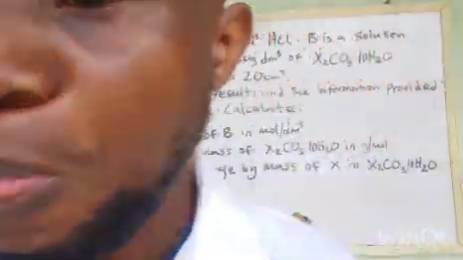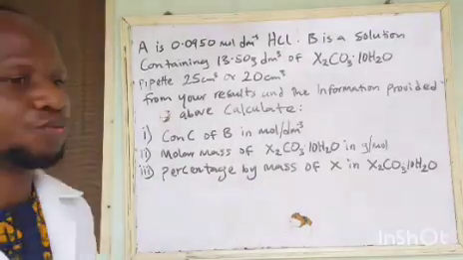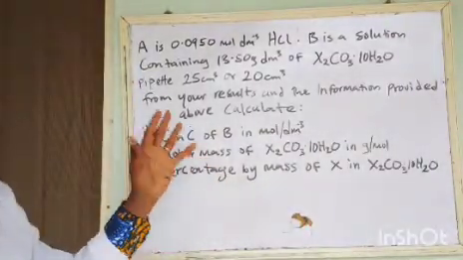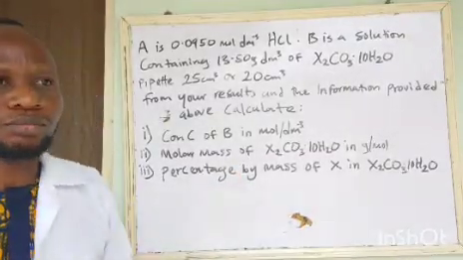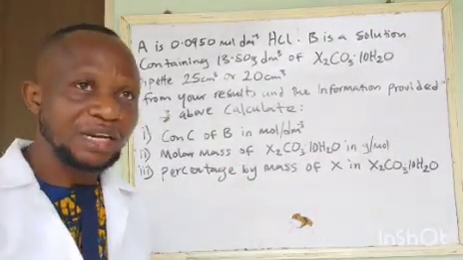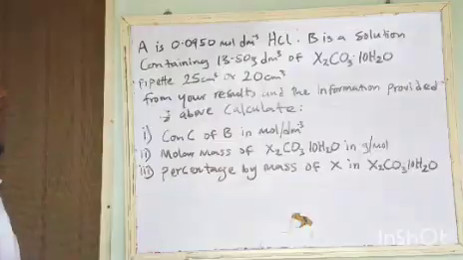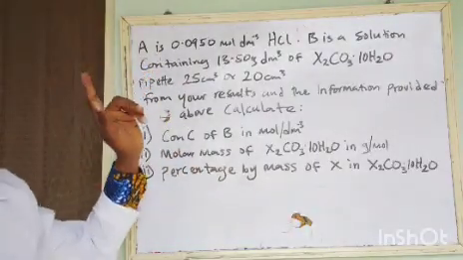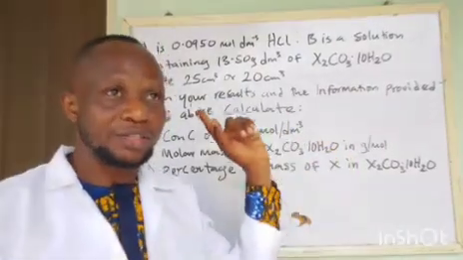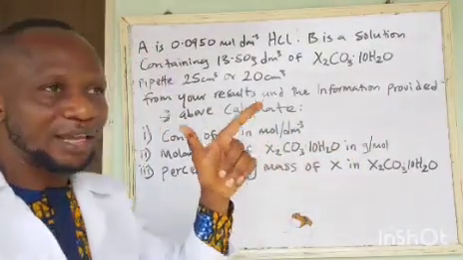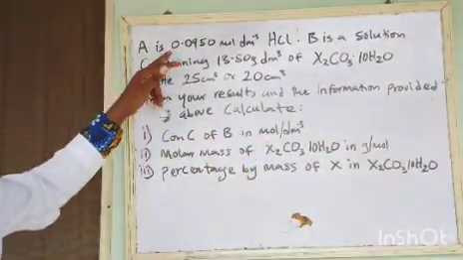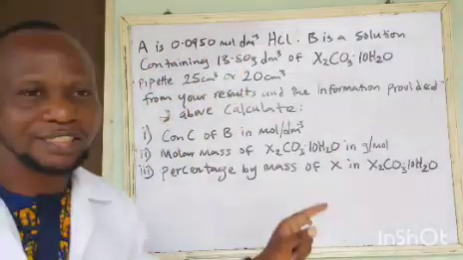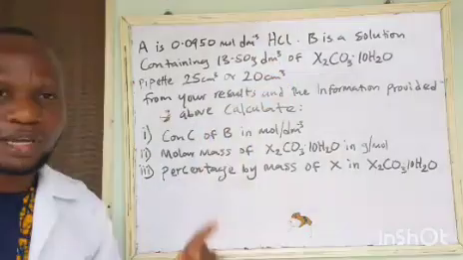From the previous table we've seen earlier, this is a typical question that could come during the main examination practical. The question says A is acid, so that is usually represented as acid A in the question. A is 0.0950 mole per dm cube HCl.